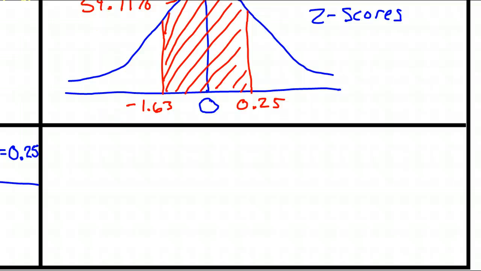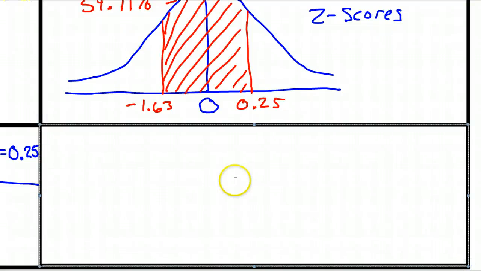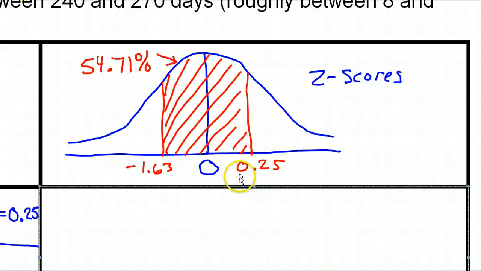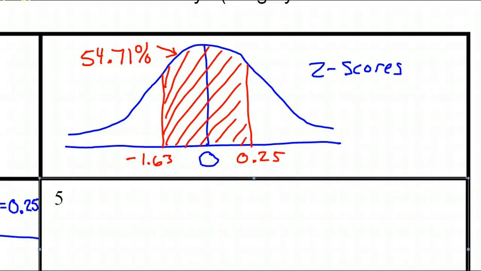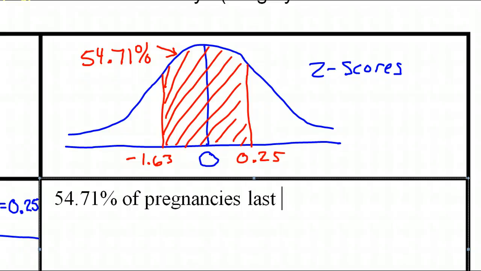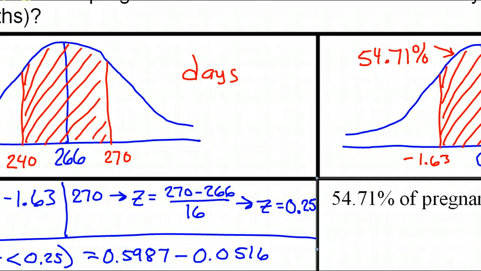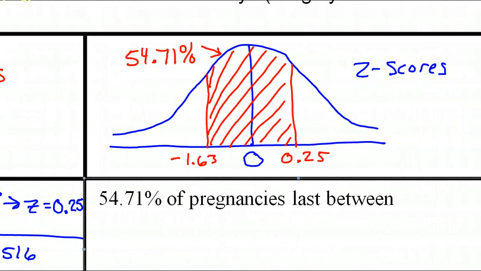Now let's go ahead and write our sentence. Okay, and we're going to say, 54.71% of pregnancies last between 240 and 270 days.